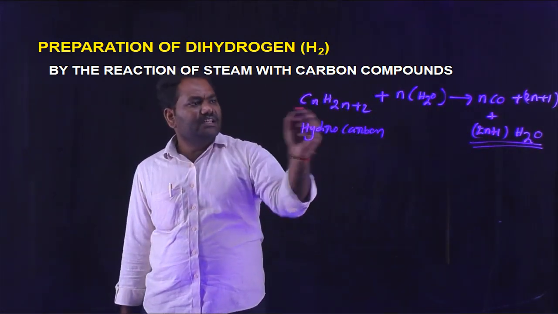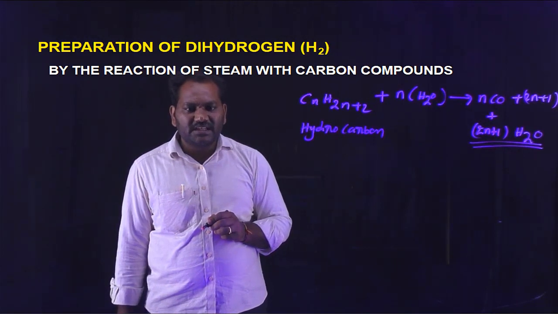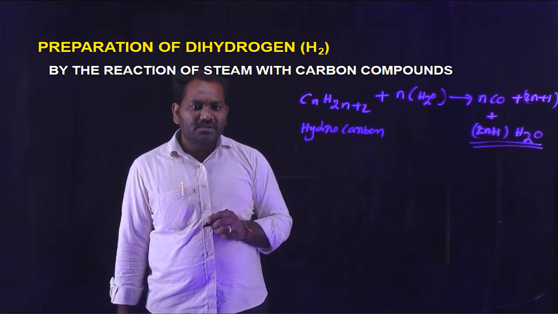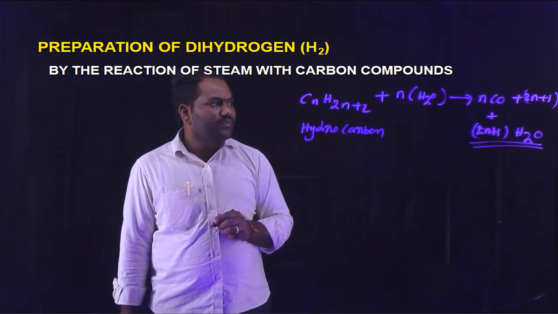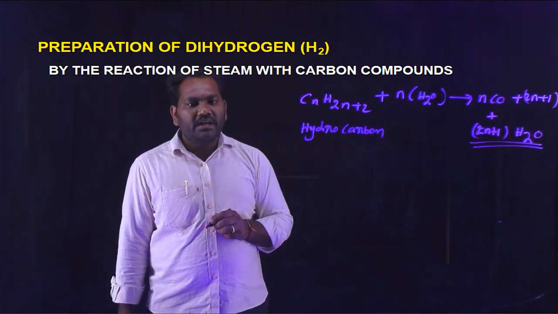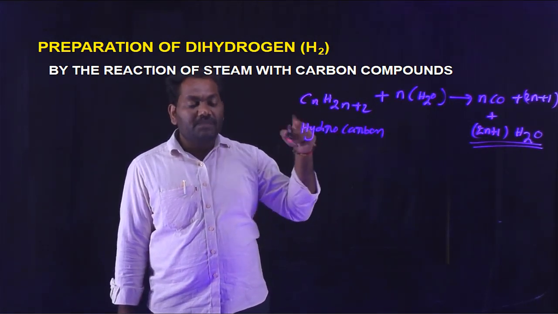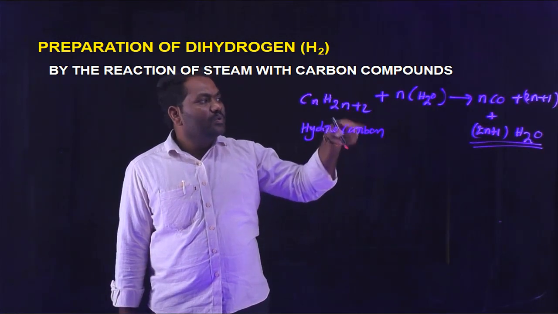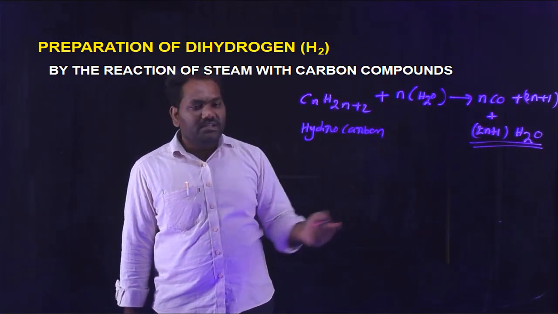This is the general representation: CnH2n+2 reacts with n moles of H2O to give n moles of carbon monoxide and 2n+1 moles of hydrogen.